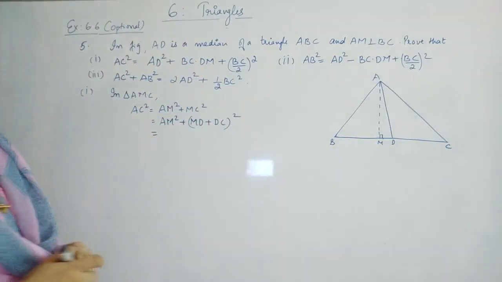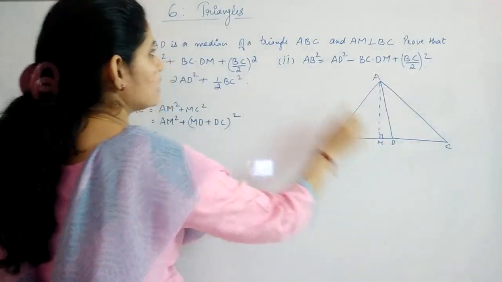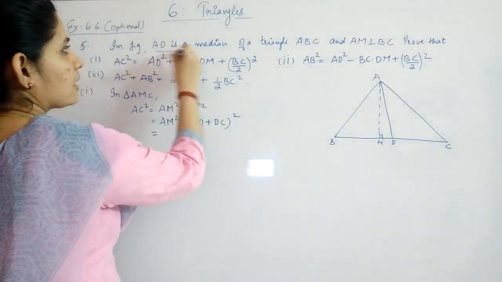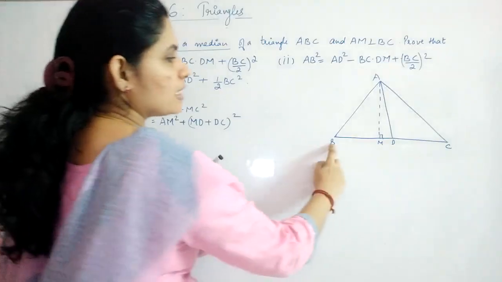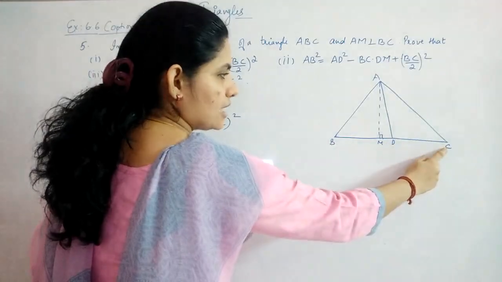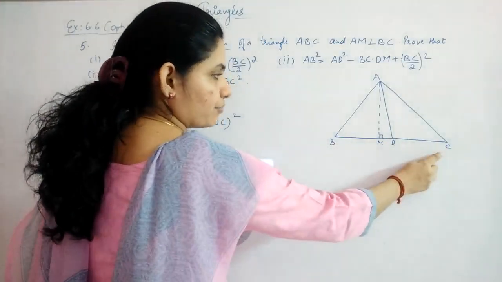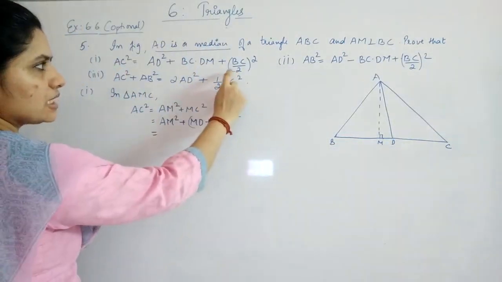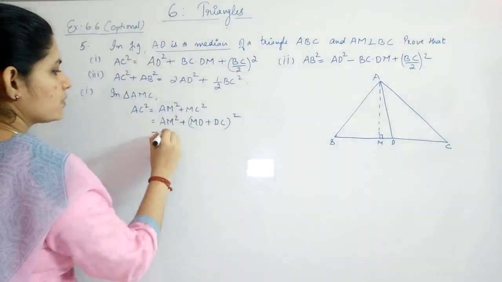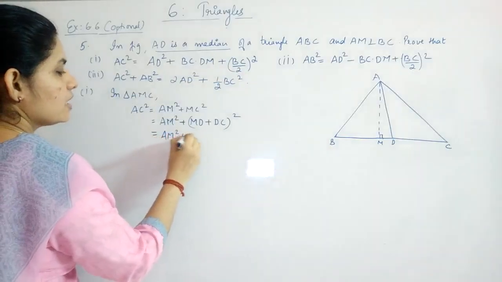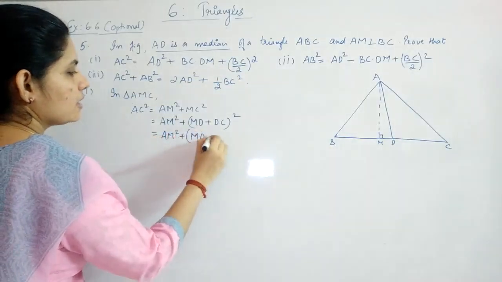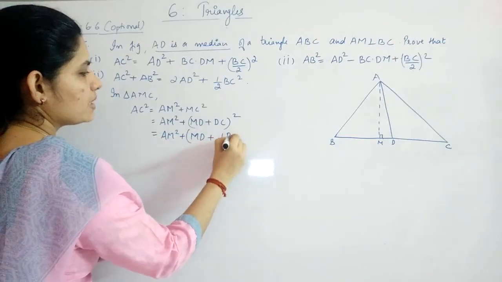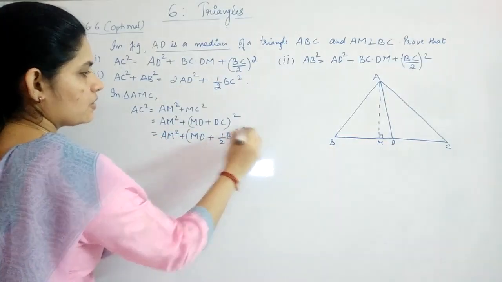Now, since AD is the median of the triangle, BD will be equal to DC and both will be equal to half of BC. So we are replacing DC with half BC because we need BC by 2 in the answer. So this will become AM square plus MD plus half BC the whole square.